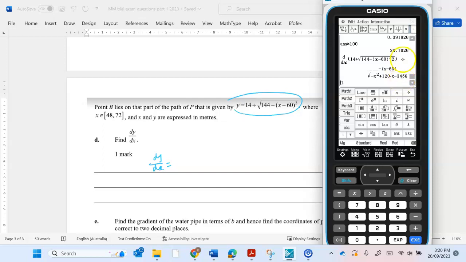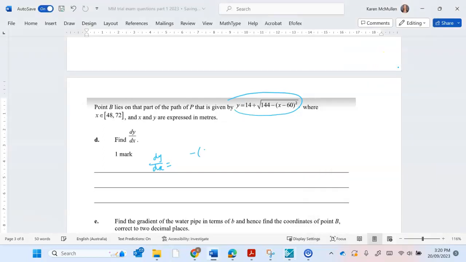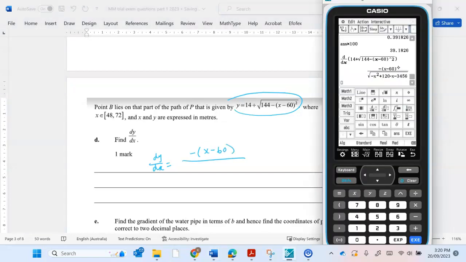It's a really annoying looking derivative. Just going to make sure I've put it in correctly. 140 x minus 60. Okay. Negative x squared.